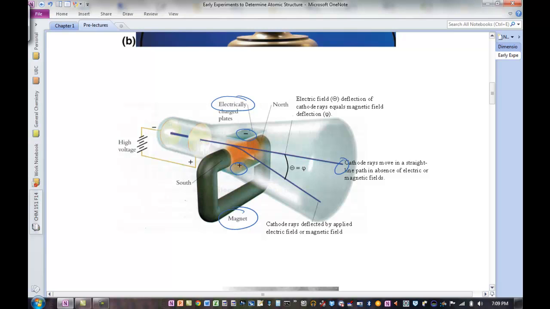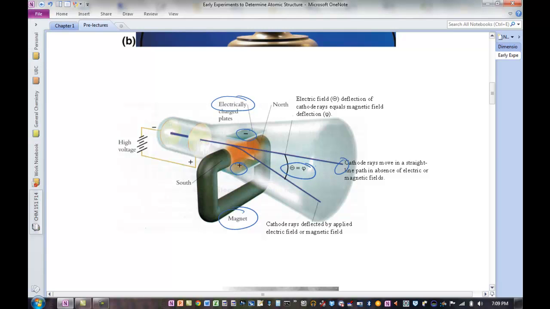You could also do the same thing with a magnetic field. Now the really cool part of his experiment, and I hope you can read this text okay, was that he adjusted his electric field so that the deflection angle here was the same as the magnetic field.